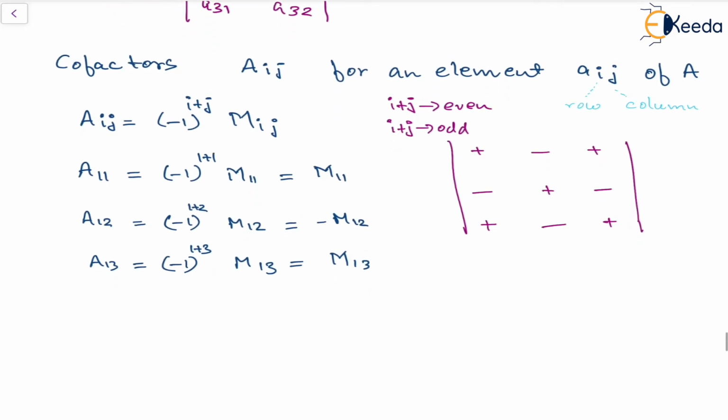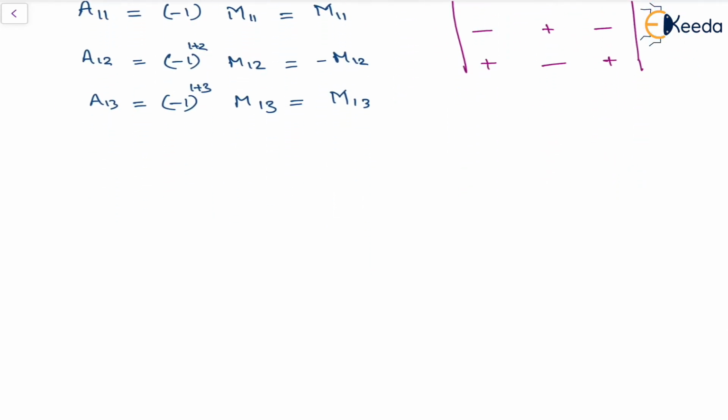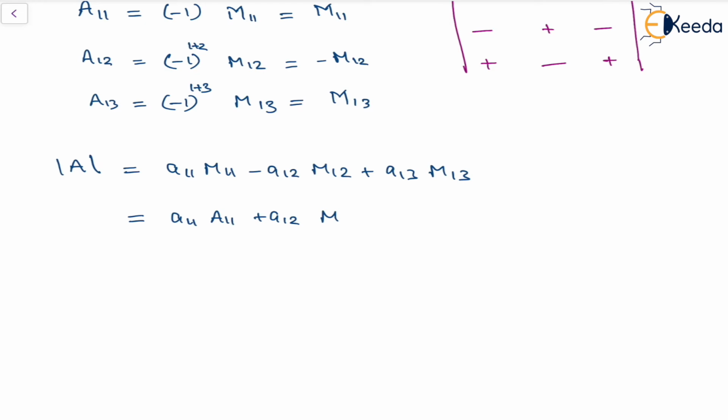This is very same. Now, something more interesting about these minors and cofactors is when we are trying to find the determinant of A. Taking minors, it is the sum of a11 M11 minus a12 M12 plus a13 M13 if we are taking the elements from the first row. Whereas if we are taking the cofactors, this will be a11 A11 plus a12 A12 plus a13 A13.